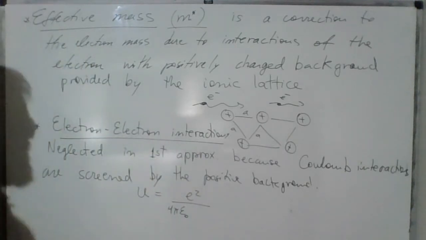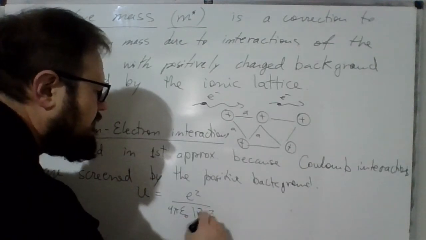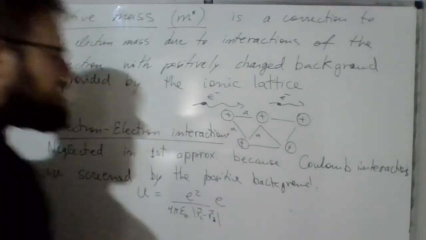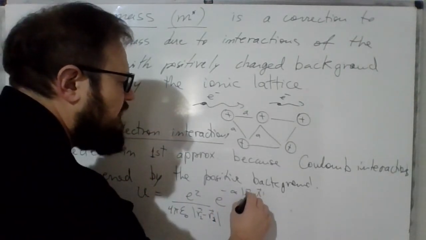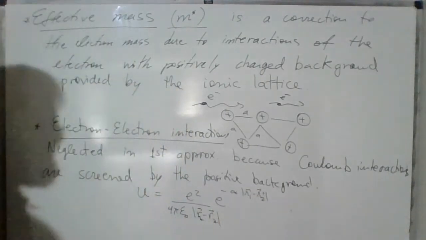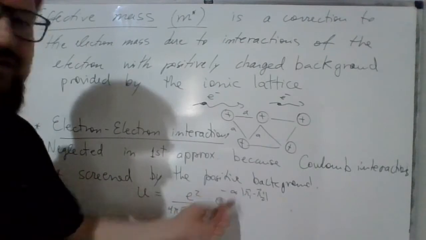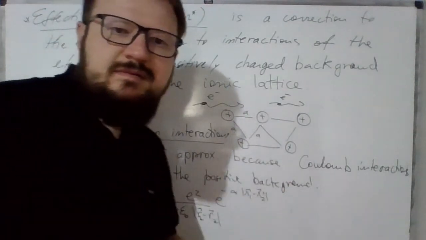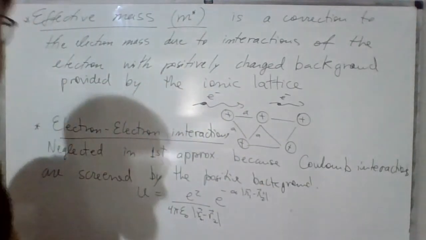Usually you could put a vacuum value here, but the distance of two electrons, r1 and r2, no matter the order here because in modulus, times the exponential of minus alpha, the modulus of r1 minus r2. And this alpha is too large, and the Coulomb interaction falls very quickly. So the possibility of interactions is very attenuated by this factor.